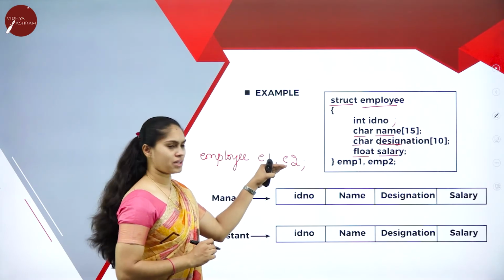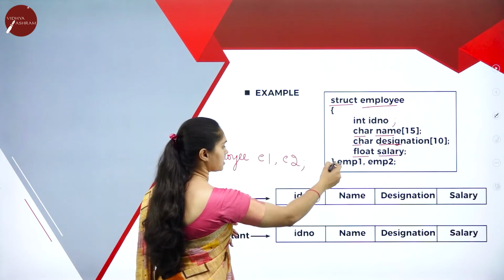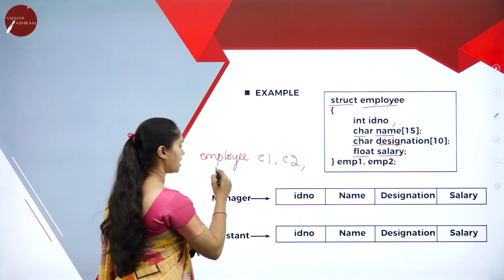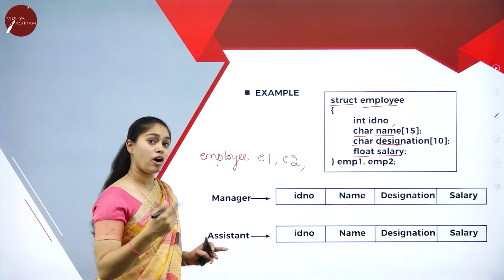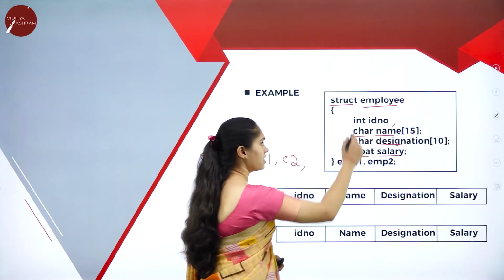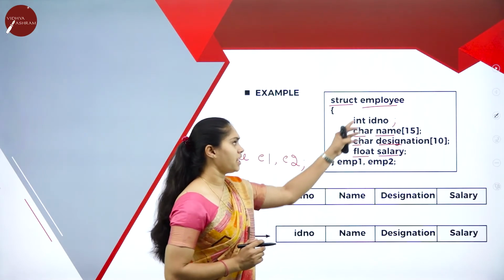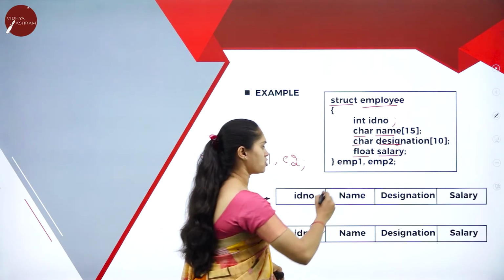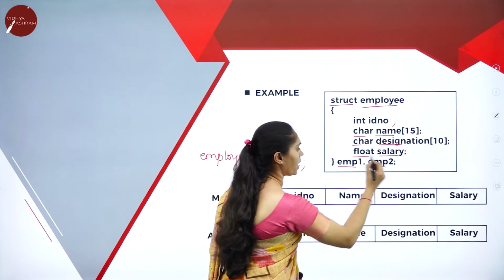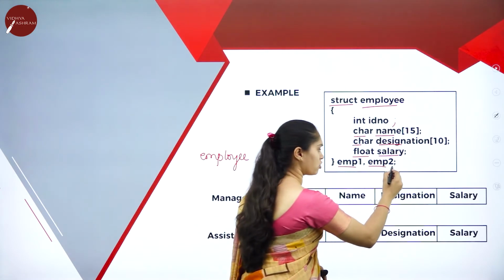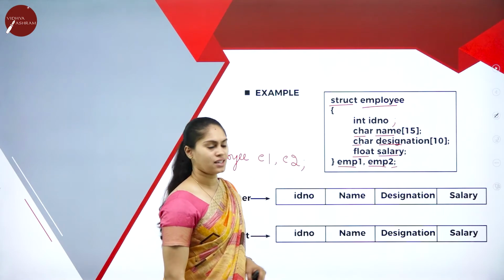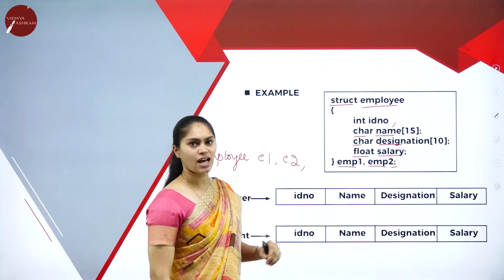So this is one method. After this I can put a semicolon and in the next line I can create a variable like this. Or else I have one more method, that is I can create variables of the employee structure here also, that is employee 1, comma employee 2. At last I have to put a semicolon. This is one method, this is another method.